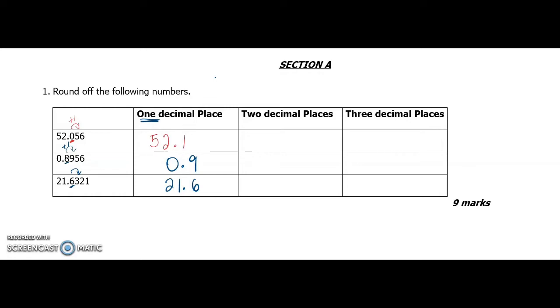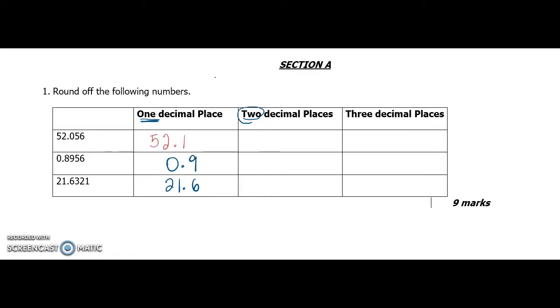We're going to continue with the next column on the table, and it says 2 decimal places. So what do you think we're going to do now? Yes, we are going to ensure that our answer has 2 numbers after the decimal point. We're going to identify our target number, and if the number to the right of the target number is 5 or more, we add 1, and if it is less, we allow it to remain as it is.